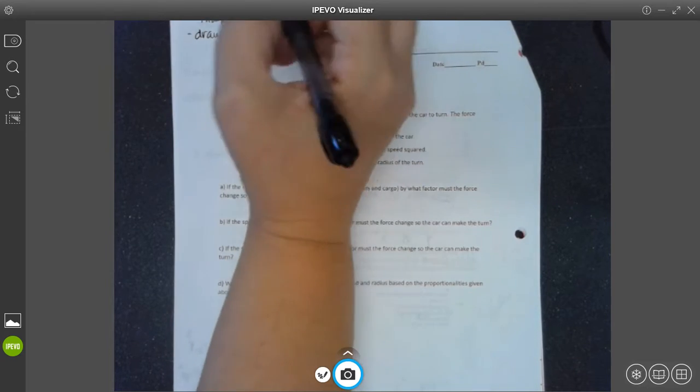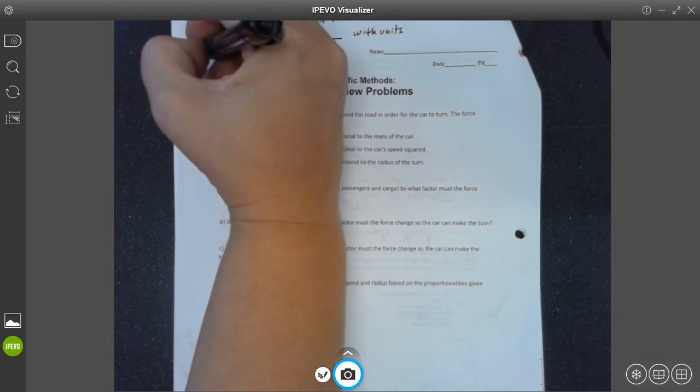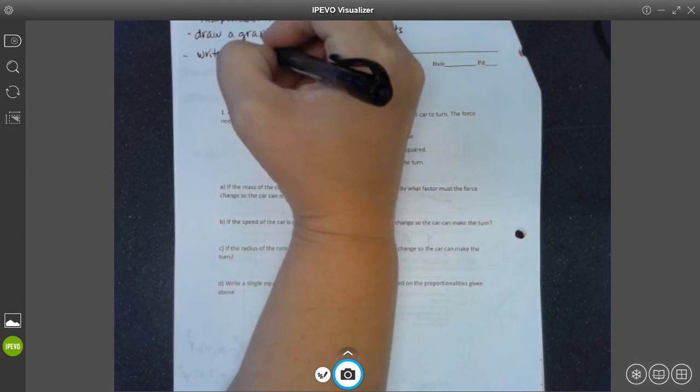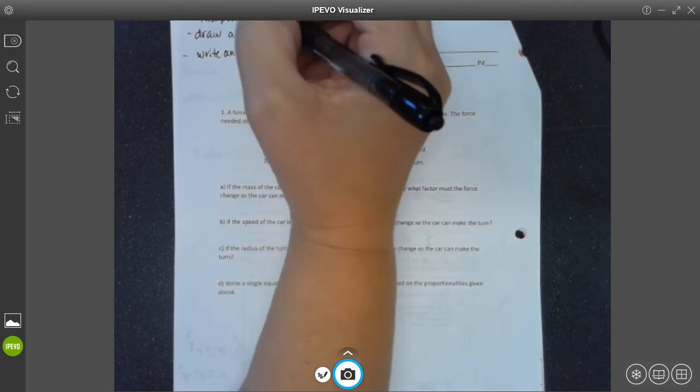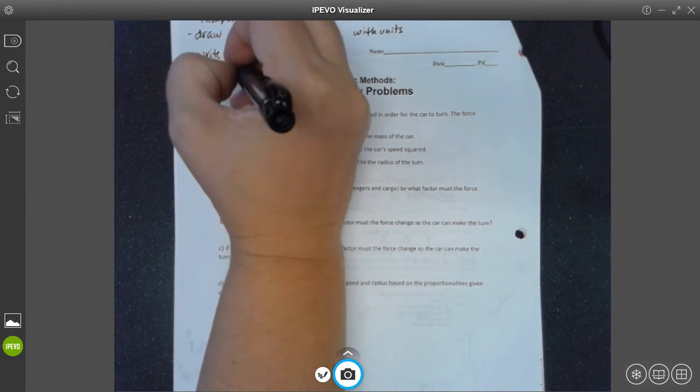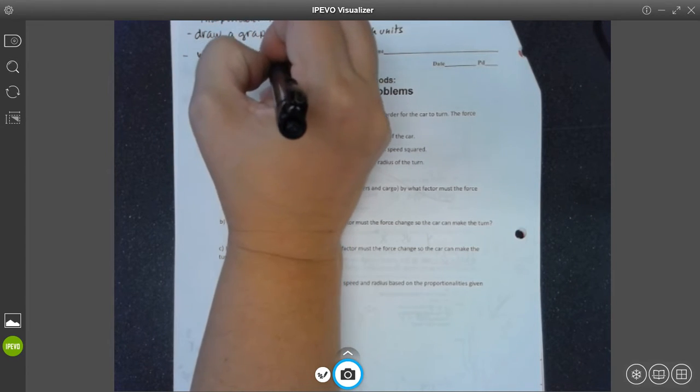You're going to need to be able to write an equation, and for your equation, you're going to need to make sure that you identify what x and y represent.